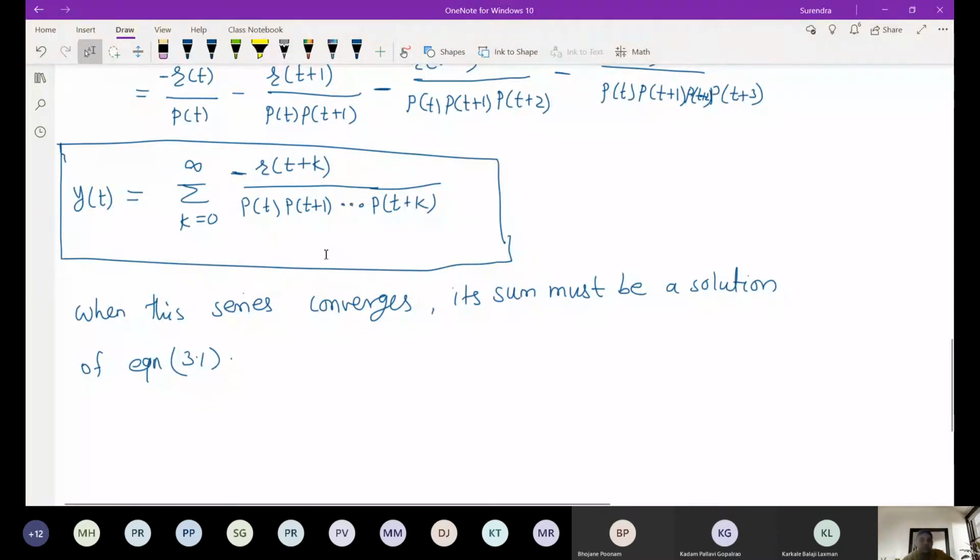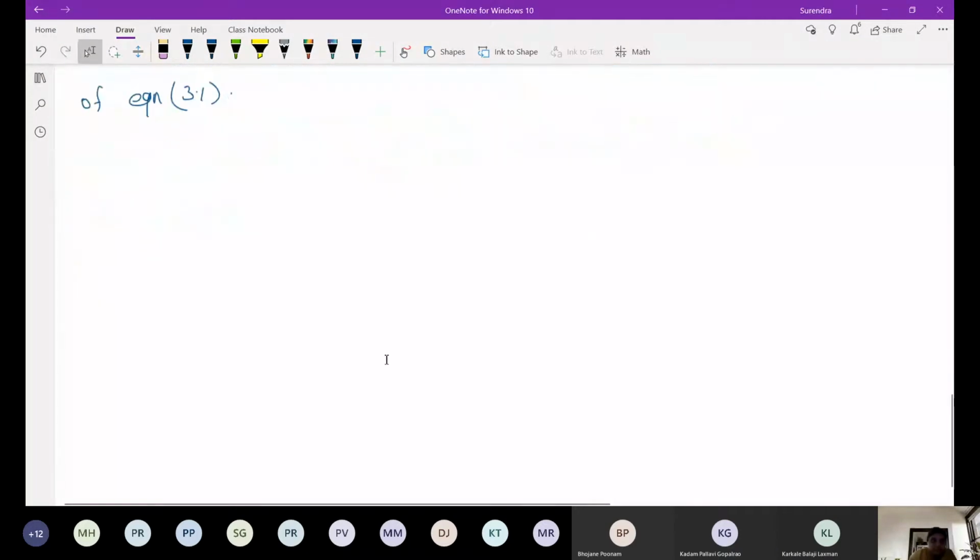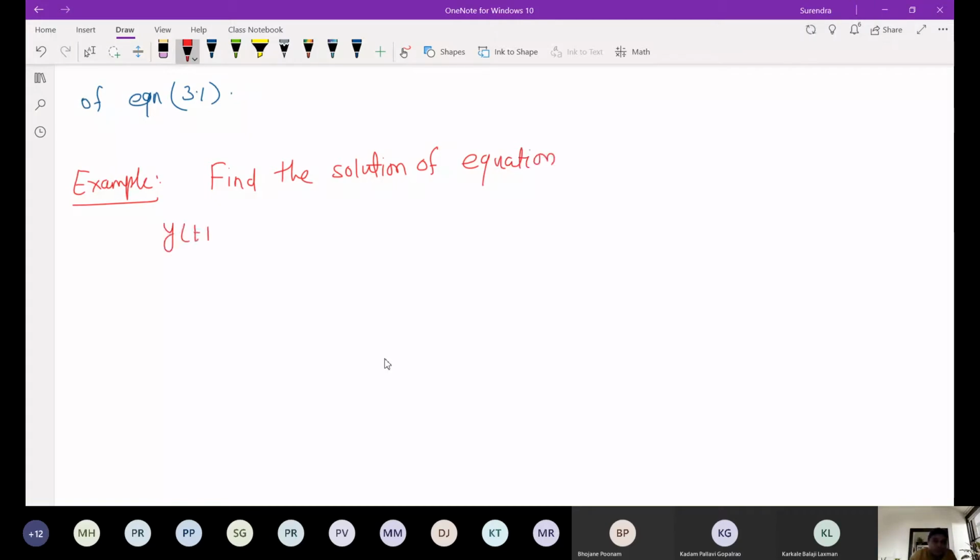Yes, ma'am. So now we take an example. Find the solution of equation y at t plus 1 minus t times y at t is equal to minus 3 raised to t.